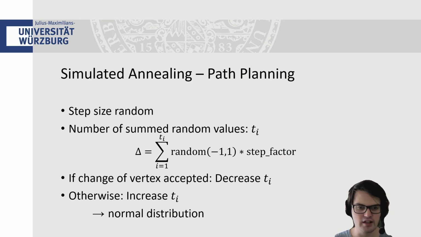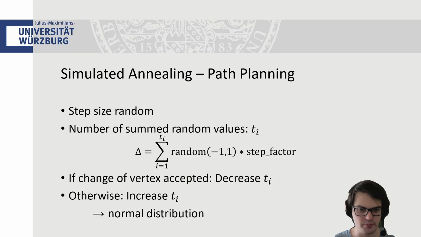But we sum several of these values. So we have a number of summed random values, ti here. So we will sum a lot of random values. And then we will compute this twice for x and y direction. And this will be then our displacement.